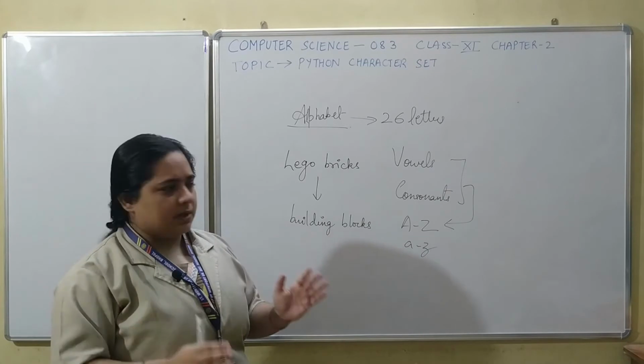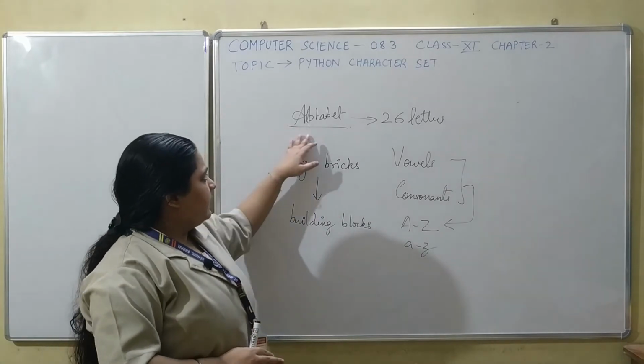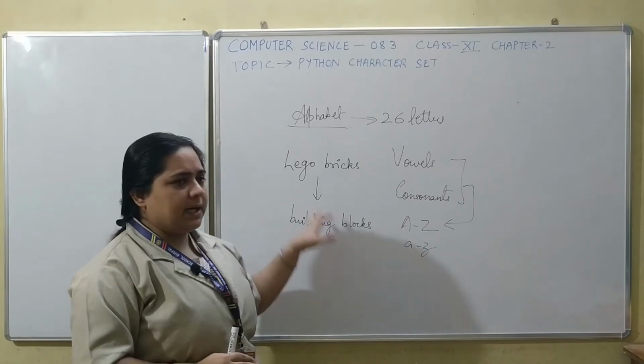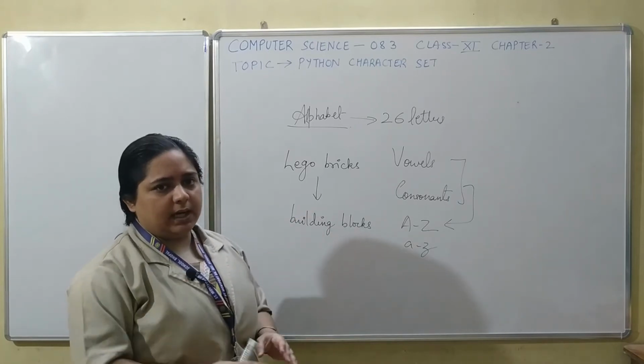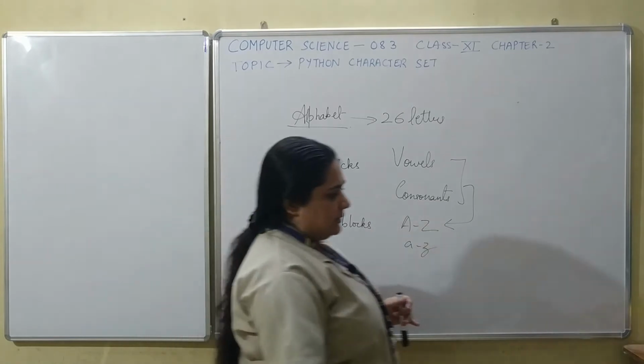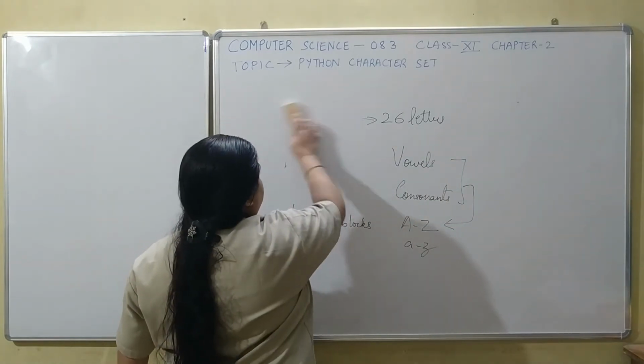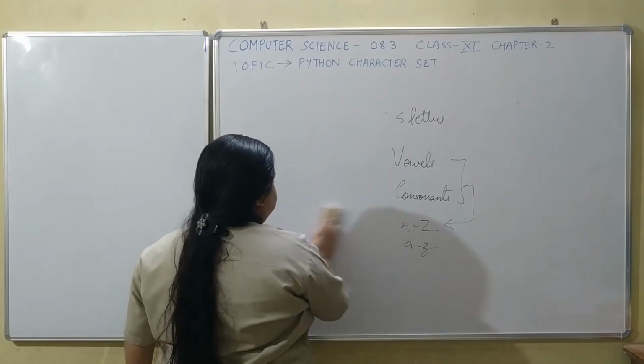In the same way, Python has its own character set which is used to create its programs. Let us see what all things are there within the Python character set.